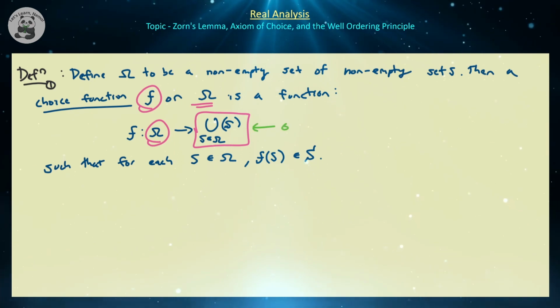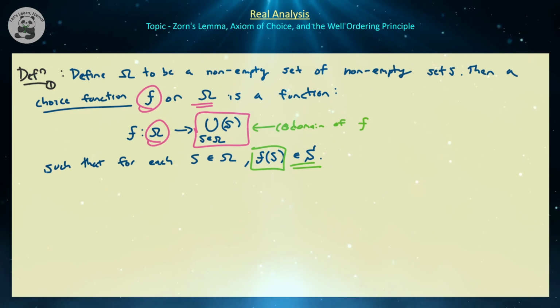So that's obviously the codomain of our choice function f, with the additional property such that for any set you choose within that collection, this choice function takes an element in that set and returns it, right? So that's what we mean by f of s as an element of s, right? So I give you a set within this collection, and you give me back an element within that set.